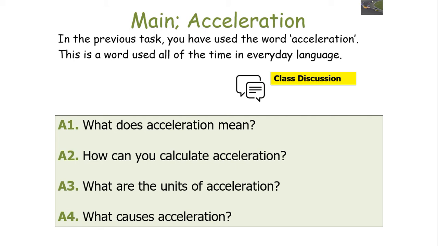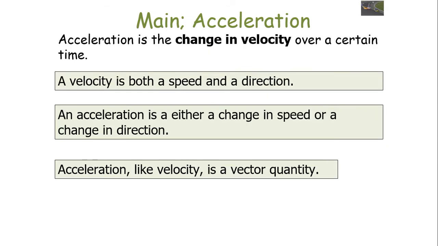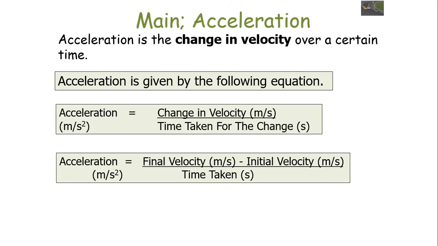But what do we mean by acceleration? Acceleration is the change in velocity over a certain time. A velocity is both a speed and a direction. So an acceleration is either a change in speed or a change in direction, because acceleration, like velocity, is a vector quantity. Now, we can work out acceleration with the following equation.